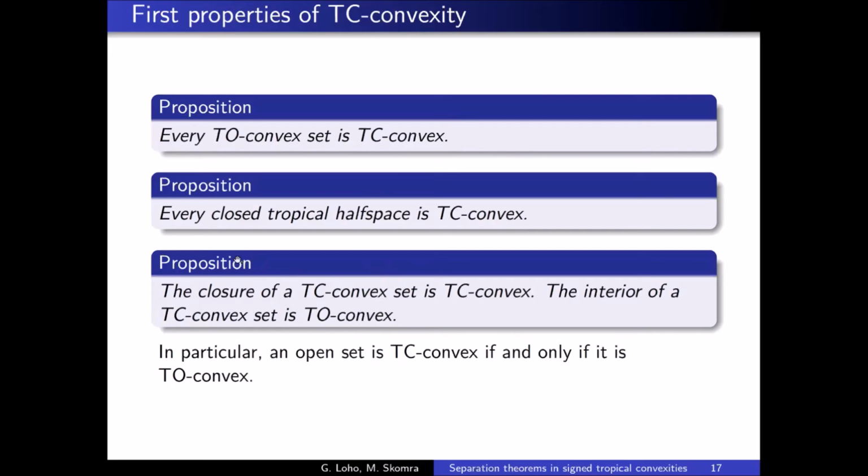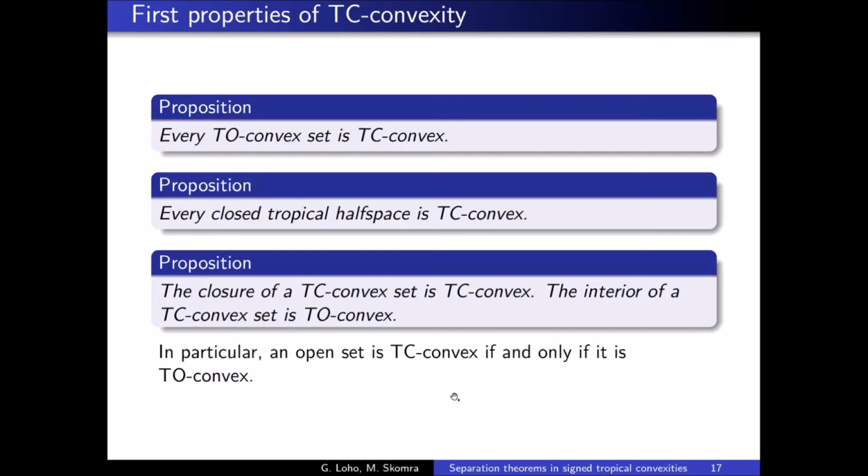In particular, what this proposition means is that if you have an open set, then it is TC-convex if and only if it is TO-convex. So we can say that for open sets, there is no ambiguity of definition. There is a unique notion of convexity for the open sets. Okay, so these are the basic properties.